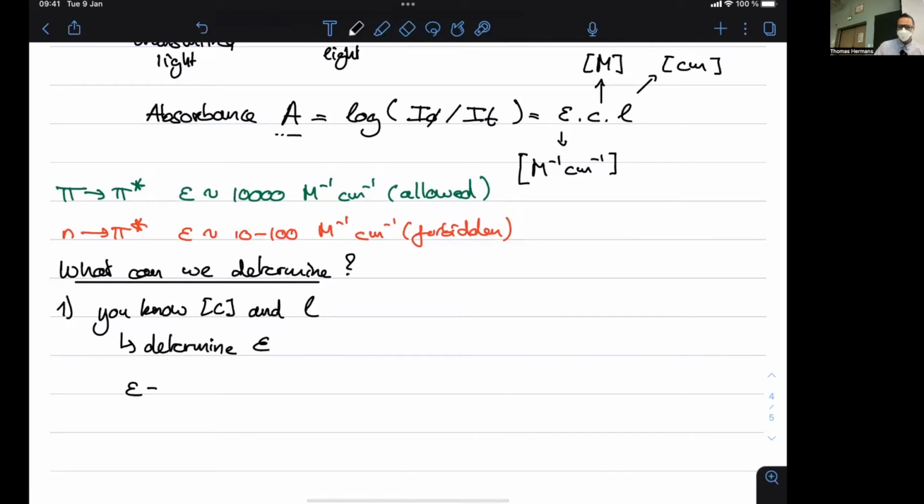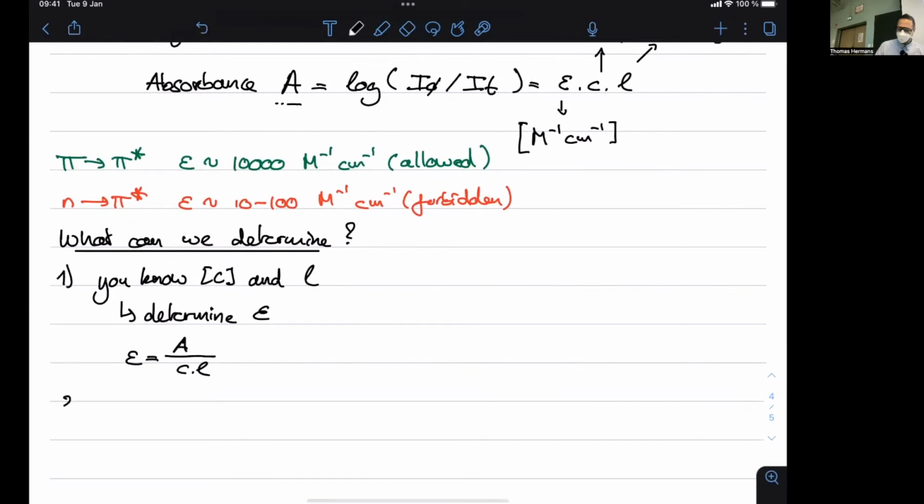So that's simple because that's A over C times L. Okay. For example, another one is, you know the absorption coefficient and L. Determine the concentration. Again, simple because C is A over E times L.